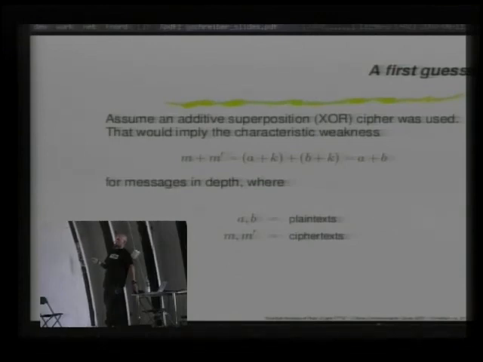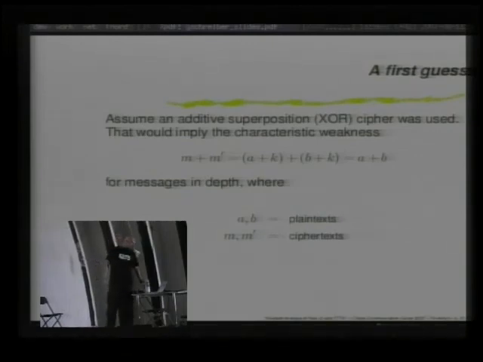This is the first message XORed with the key stream, this is the second message XORed with the key stream, and it has an associative law and it commutes. So you can pull the key over here, and it cancels out. So you get just A plus B is the same as M plus M prime.